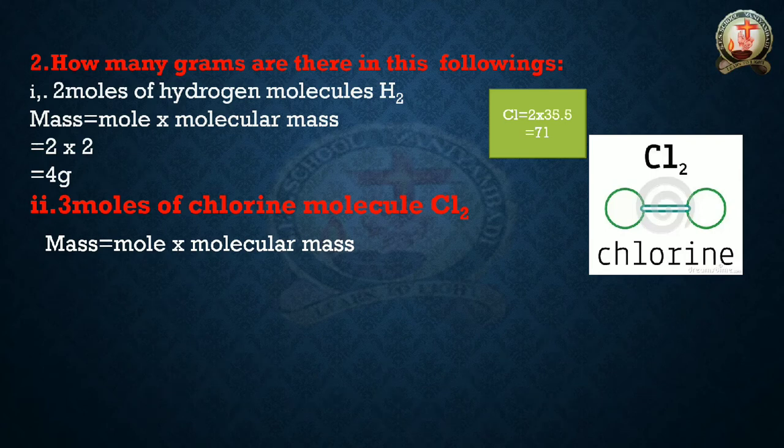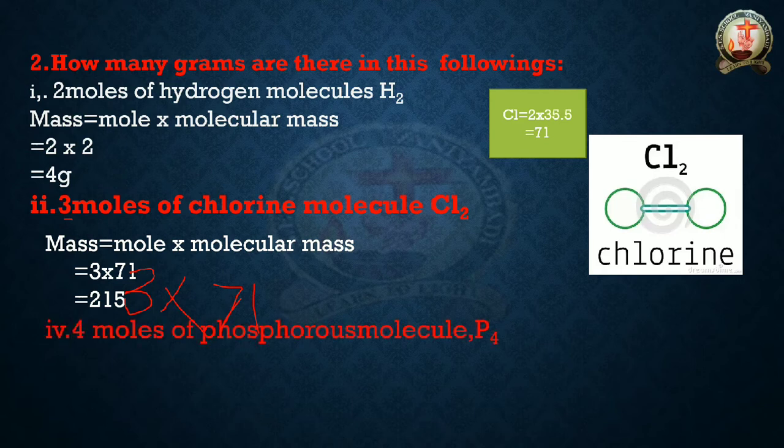Mass is equal to mole into molecular mass. How many moles are presented? 3 moles. So 3 into the molecular mass 71. What are we going to get? 3 into 71 is equal to 213. This is your 3 moles of chlorine molecular mass.